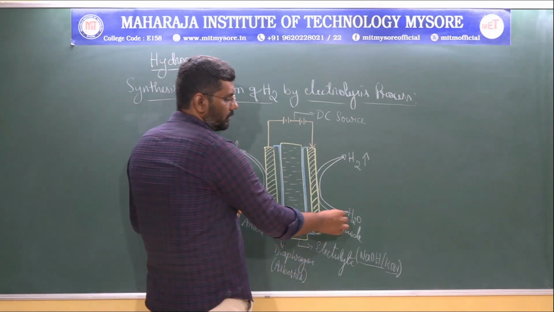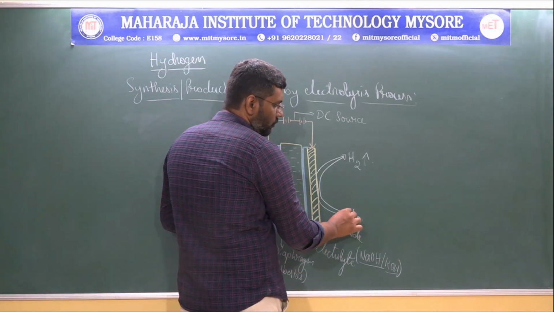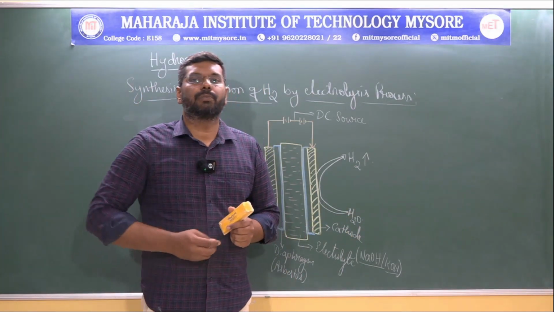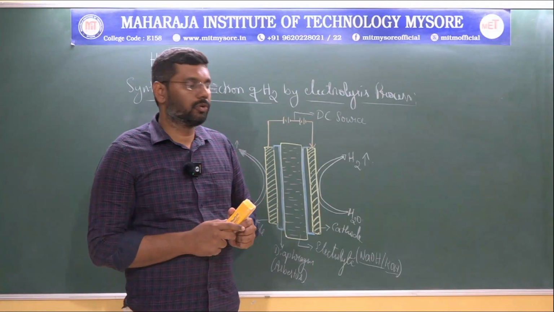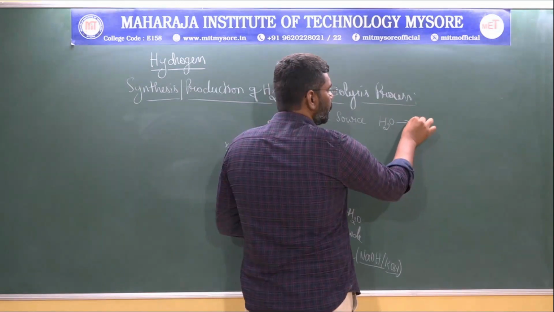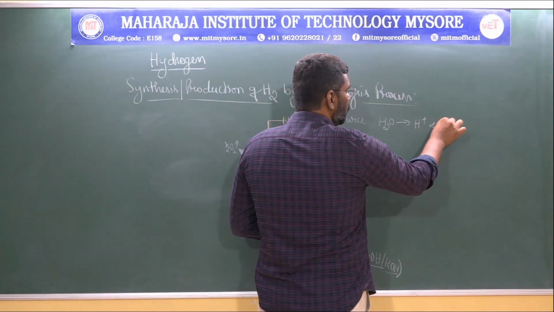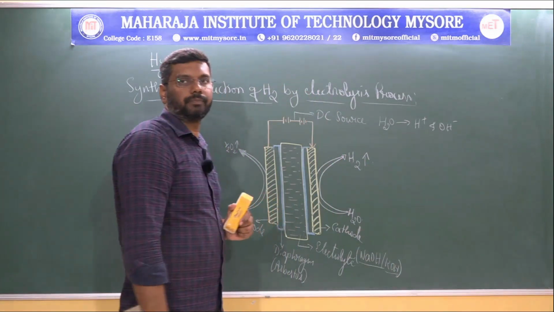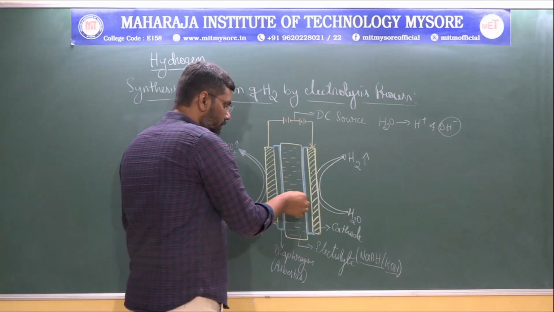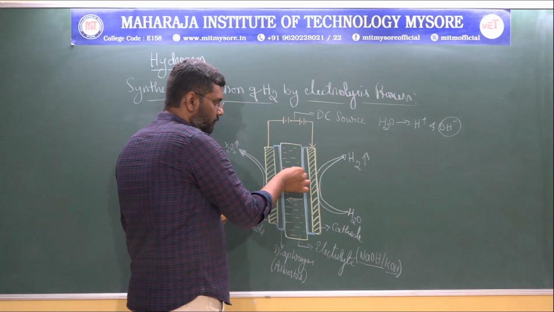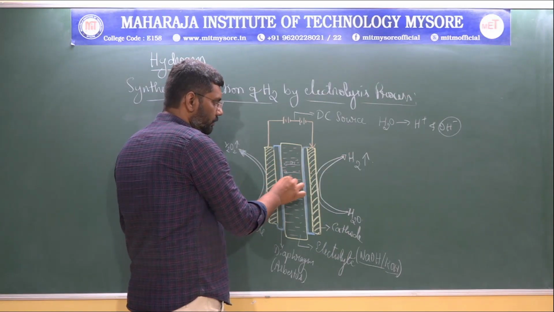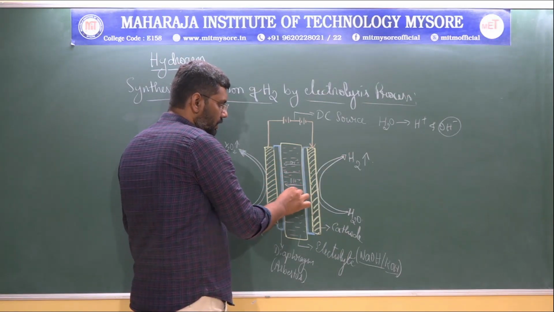And when it has been treated with electricity, what happens? The water will undergo hydrolysis and it leads to formation of OH minus and H plus ions. We know that when a water molecule H2O gets dissociated, it leads to formation of H plus and OH minus. So the released OH minus will migrate towards the electrode.